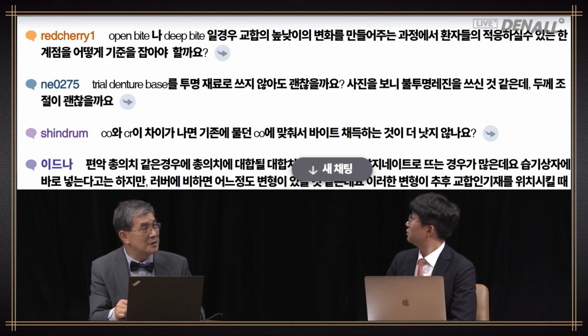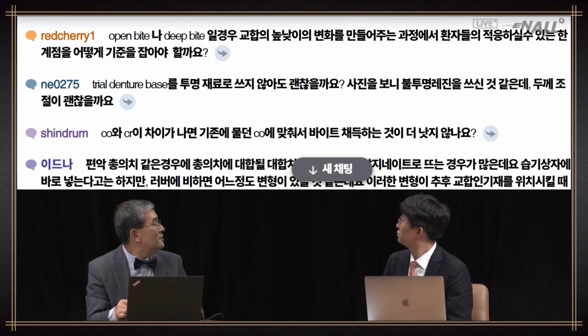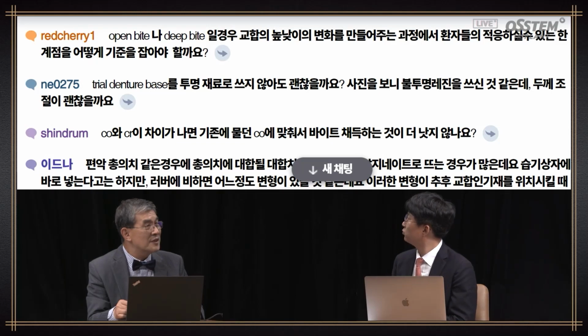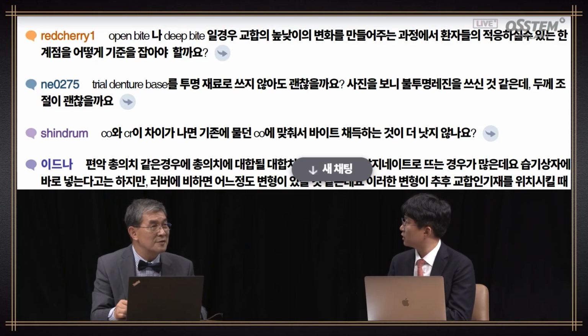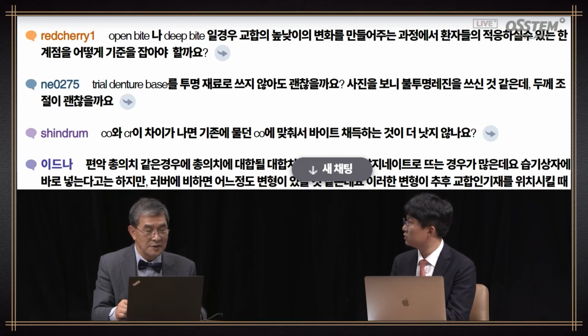I believe a patient can adjust to vertical dimension changes. Personally, I believe it is 2 to 3 millimeters, as long as it is within the stable vertical dimension range. It will not pose a great problem clinically.